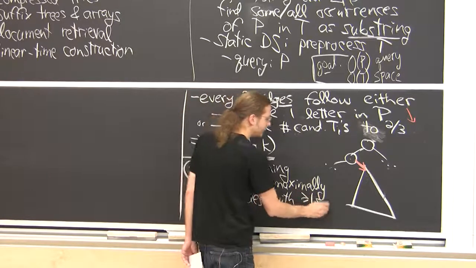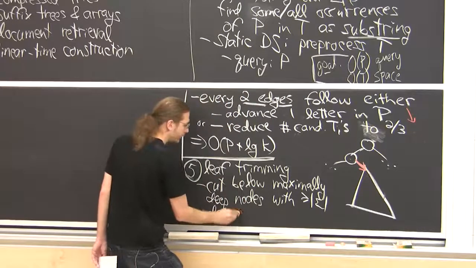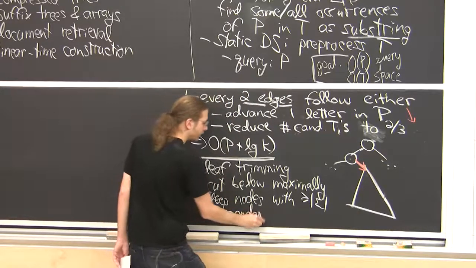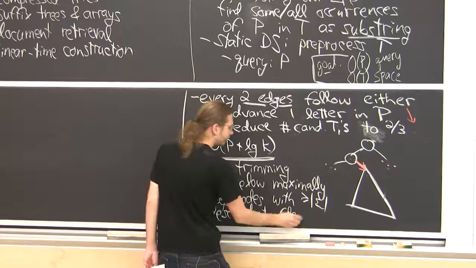So we need at least sigma descendants. It could just be descendants or descendant leaves, it doesn't actually matter.